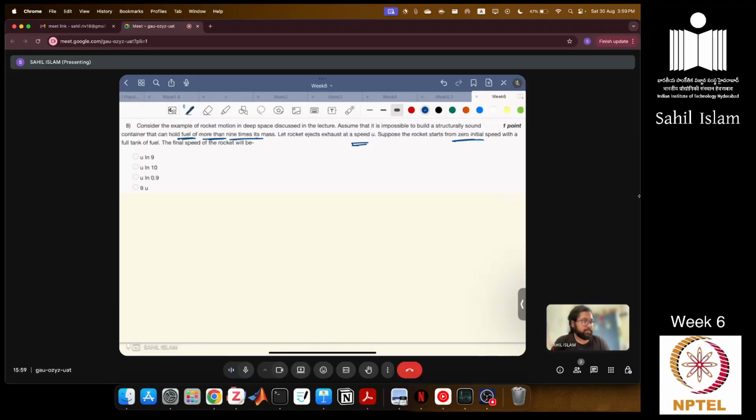So let's say the rocket is of mass m and velocity v.